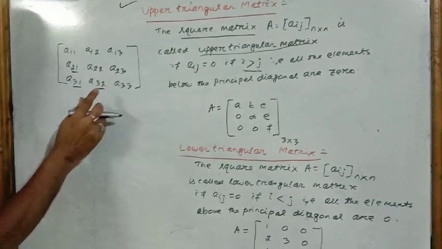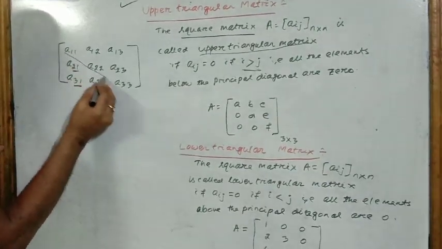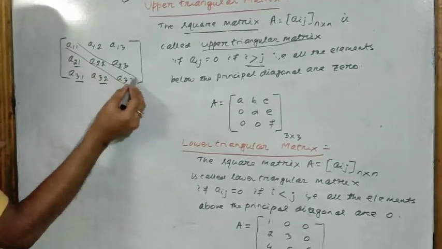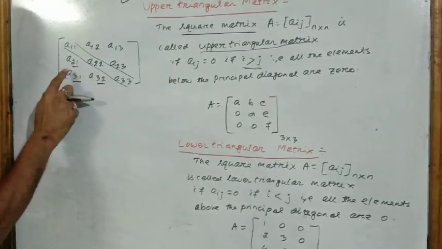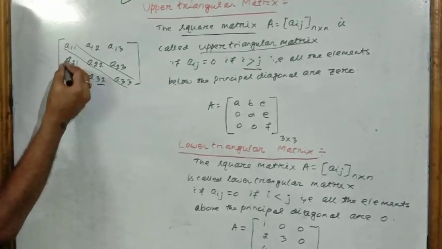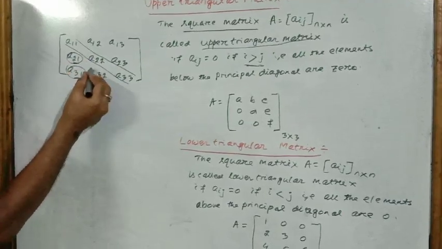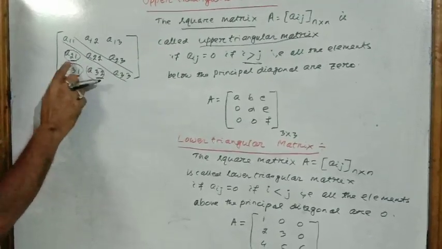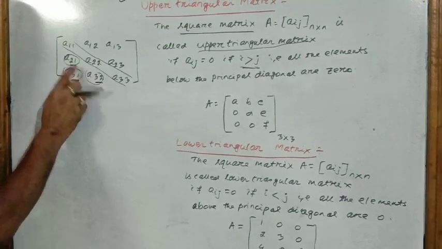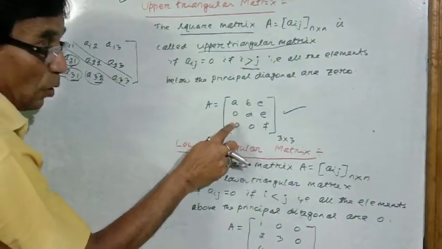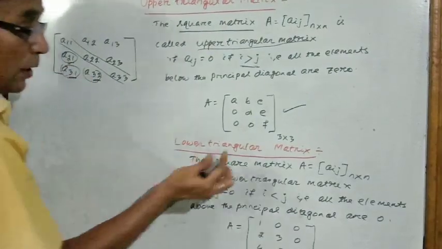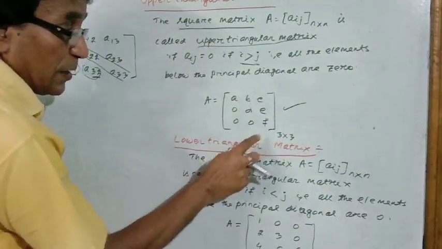That means if all the elements below the principal diagonal are 0, that means if all these 3 elements will be 0, these are the elements lying below the principal diagonal.